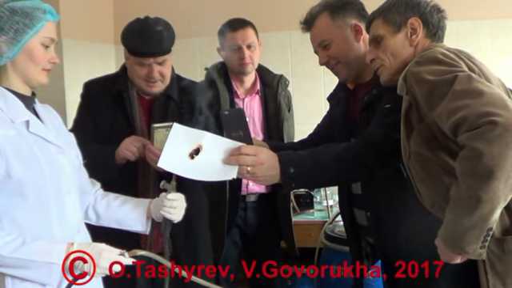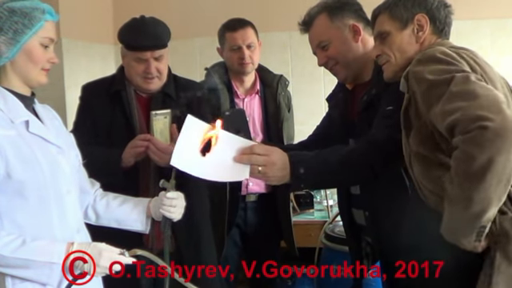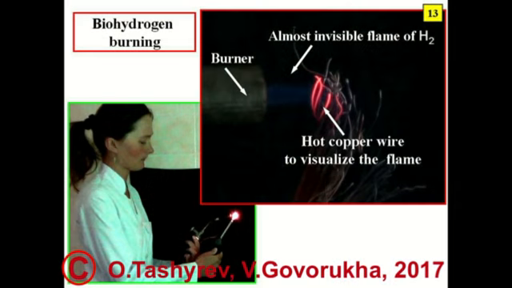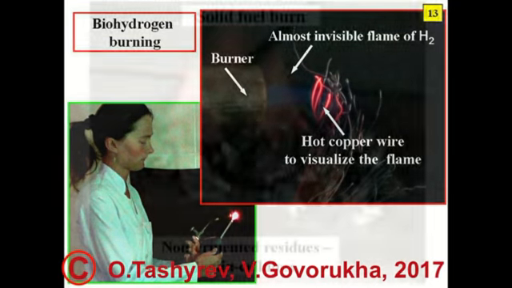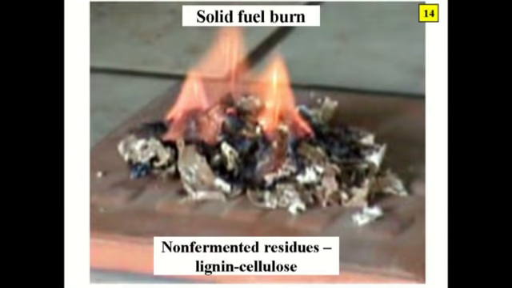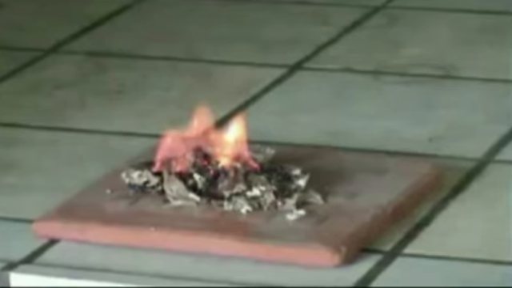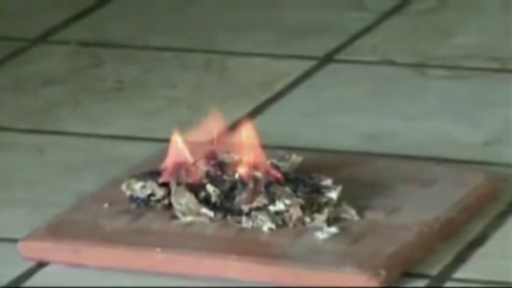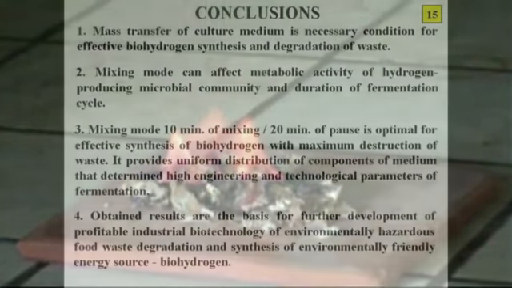It can be burned directly from the gas holder without pretreatment. We used copper wire to visualize the invisible flame of biohydrogen. In addition, only non-fermented lignocellulosic residues remain as a result of fermentation. They can be burned and used as additional solid fuel.